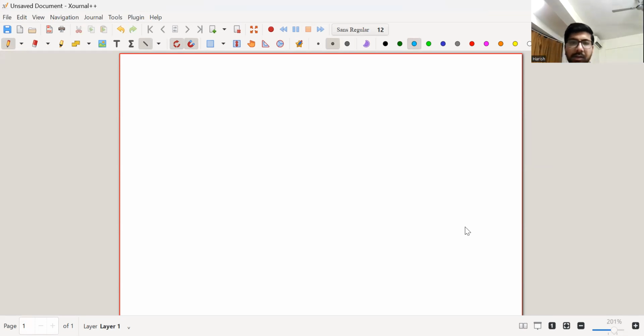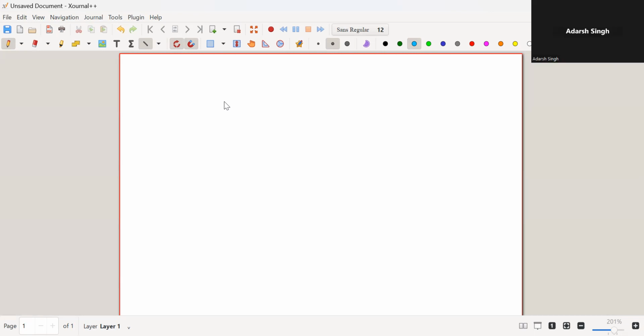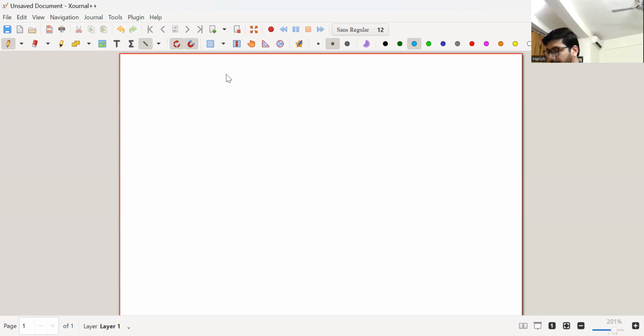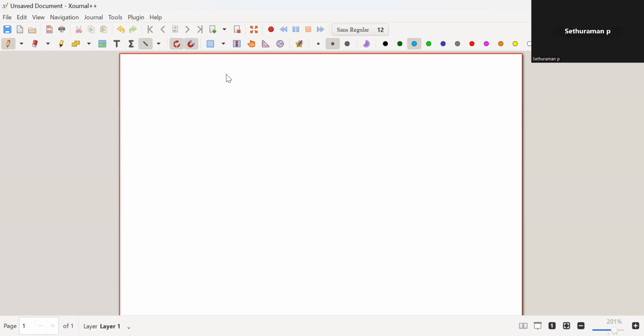Which screen is visible? The white page, right? Yes. Okay.